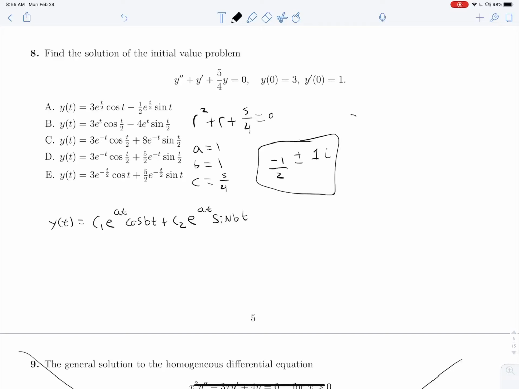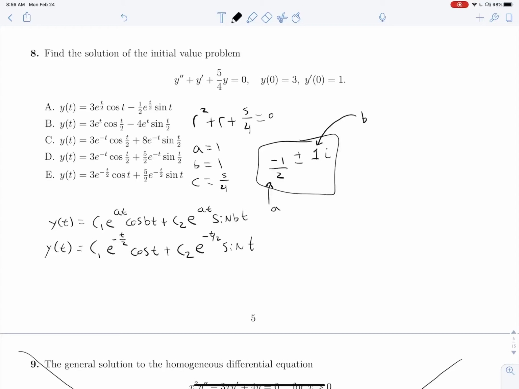And just to be clear, b is our coefficient on i, where a is the real part of our solution. So plugging these in, y of t is equal to c1, which we still don't know, e to the negative t over 2 cosine t plus c2, which we also still don't know, e to the negative t over 2 sine t.